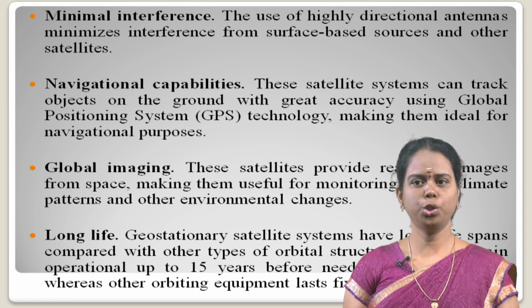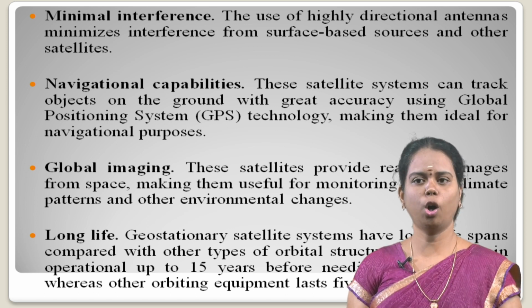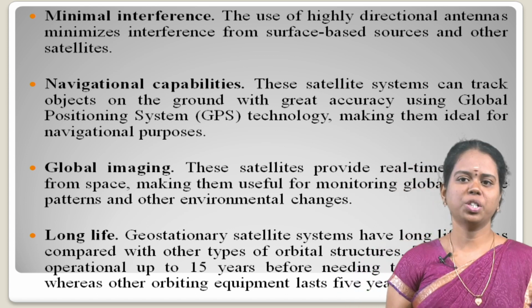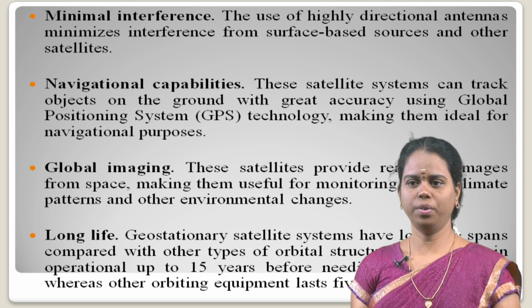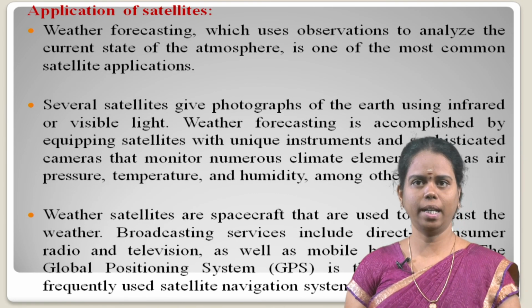Then long life. Geostationary satellite systems have long lifespans compared with other typical orbital structures. They remain operational up to 15 years before needing to be replaced, whereas other orbital equipment lasts 5 years or less. Then applications of the satellites.